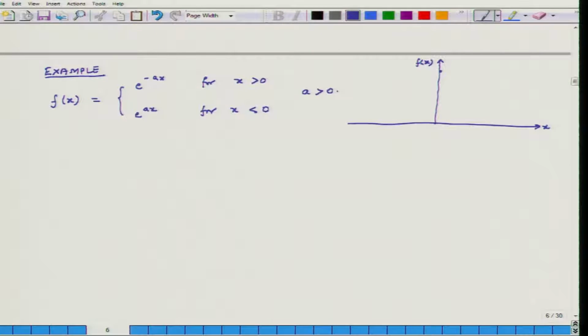As x decreases on the negative side, it looks like this, and this is a sharp point. The slope at x equal to 0 has a sharp point. So this is the plot, this is the x domain.